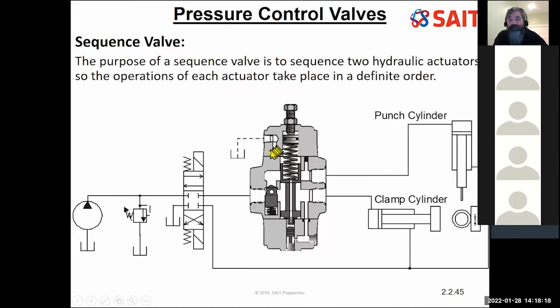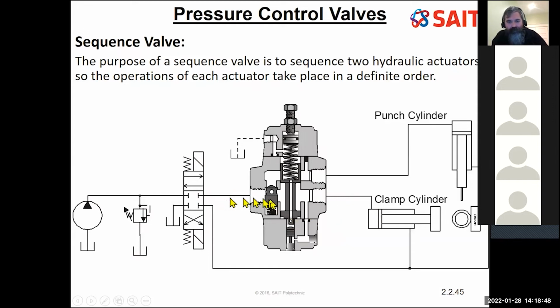I'm going to use that sensing line just as a drain by turning this around and building the valve slightly differently. So for the sequence of operations, imagine that this directional control valve is wide open. Once again, a bad drawing because it's showing a pneumatic directional control valve, not a hydraulic one. An old drawing. But the fluid, say it was open, is allowed to flow through to the clamp cylinder.